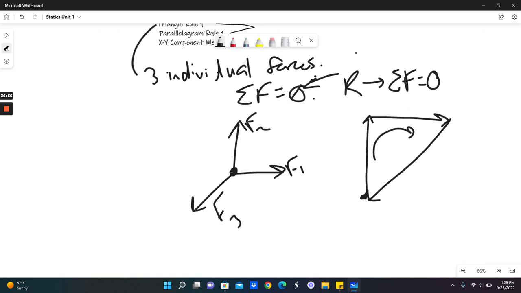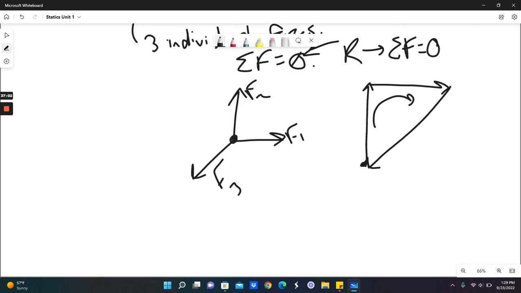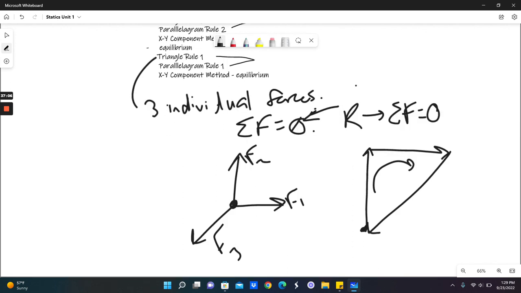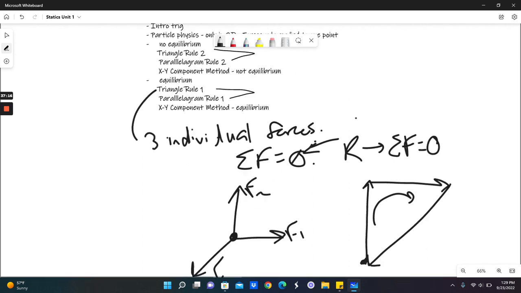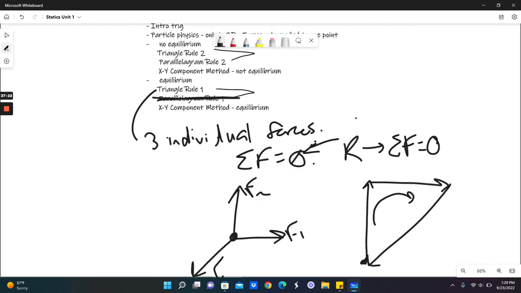Again, I gave you an example with a 90-degree angle, but that's rarely going to be the case. The triangle rule and parallelogram rule are essentially going to be the same, so let's get rid of this parallelogram rule here. You're going to go with the triangle rule for equilibrium conditions.